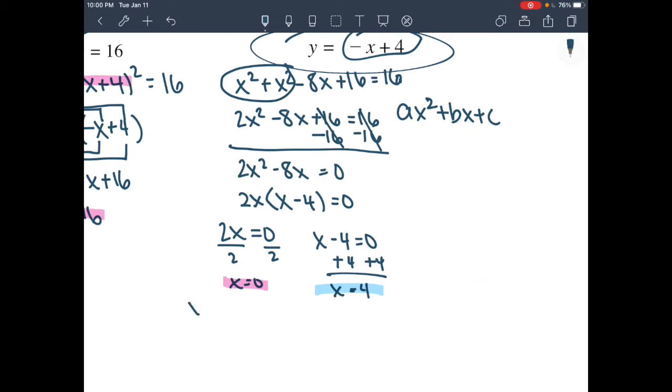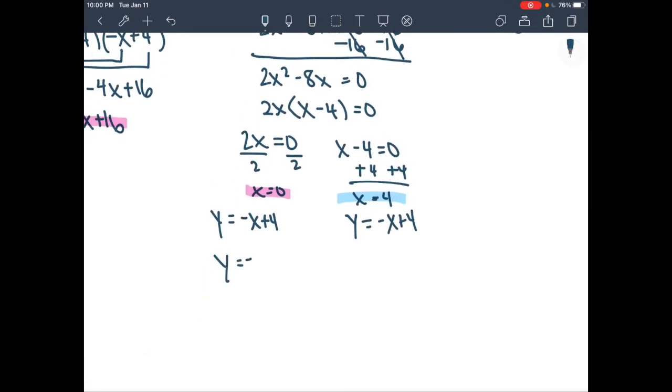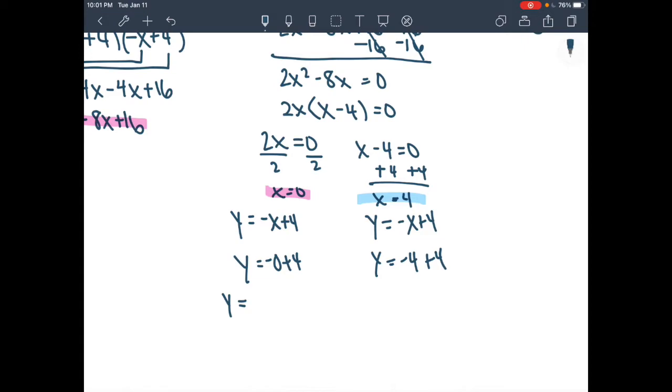So I'm going to plug in y equals negative x plus 4. And then for both of them, y equals negative 0 plus 4, y equals negative 4 plus 4. So y equals 4 and y equals 0. So 0, 4, and then 4, 0 are my 2 points.